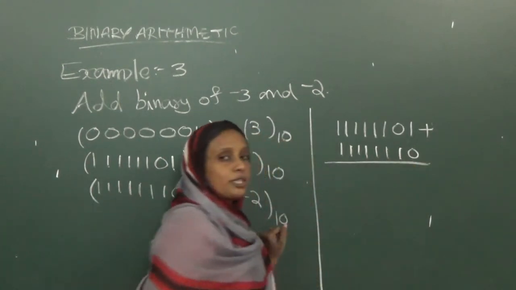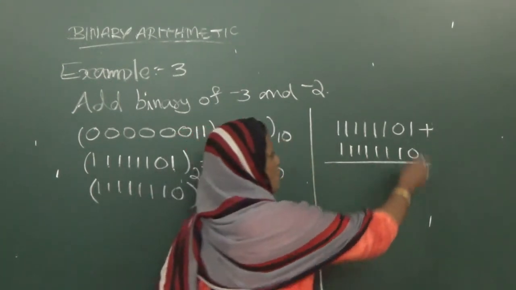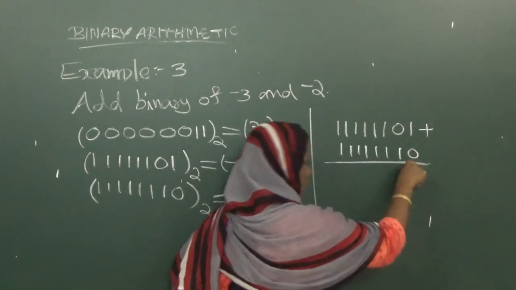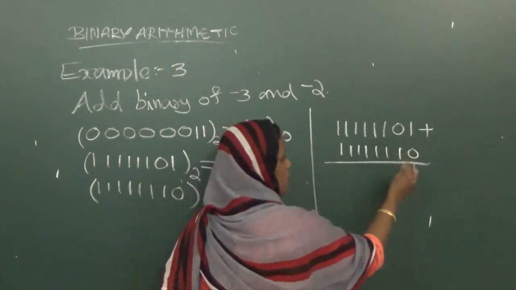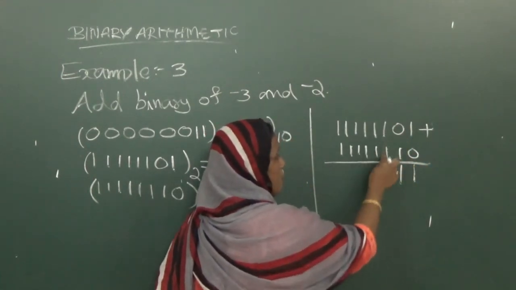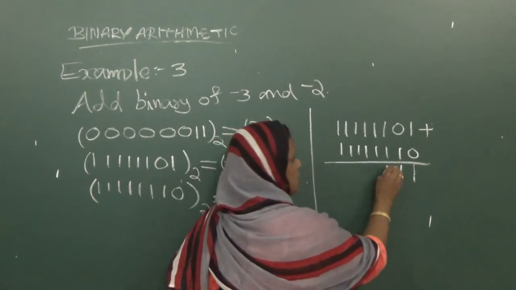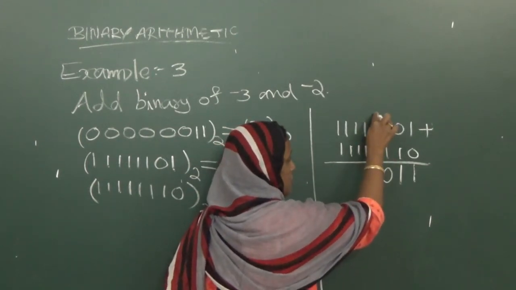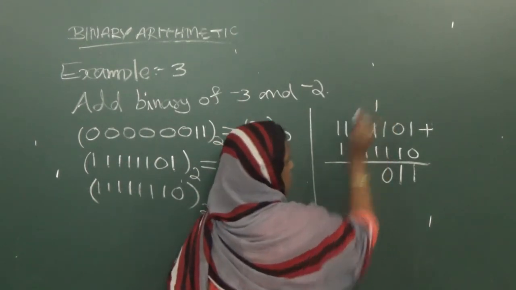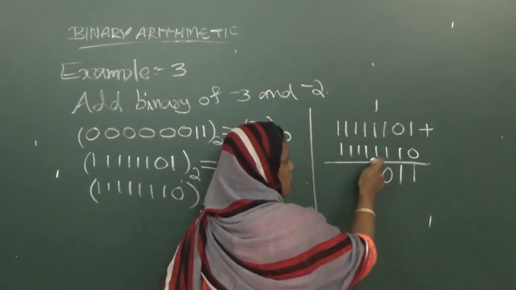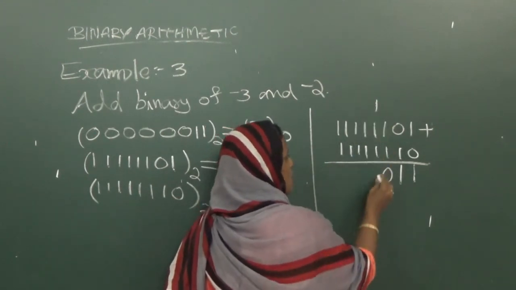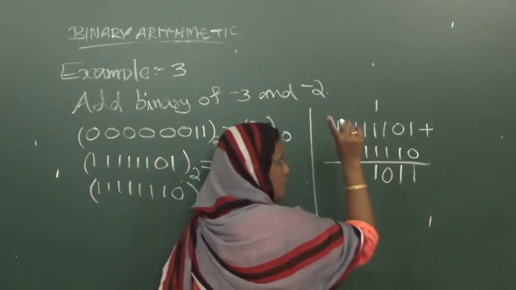So using the binary addition rules, 1 plus 0, 1, then 0 plus 1, 1, 1 plus 1, 0 with carry 1, carry 1 is here, carry 1 here. Okay, so 1 plus 1, 0 plus 1, 1 with carry 1.